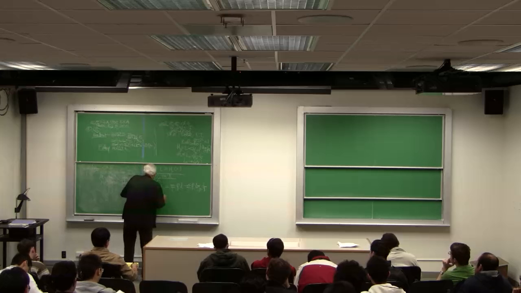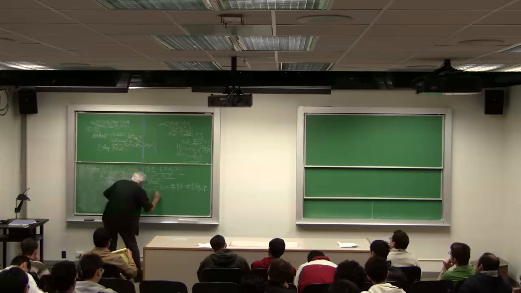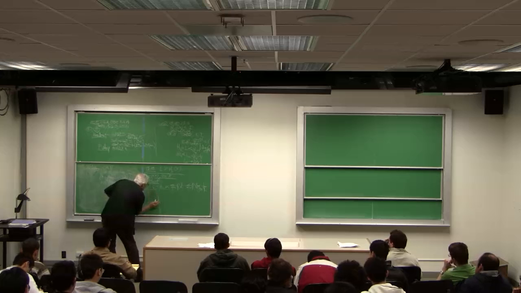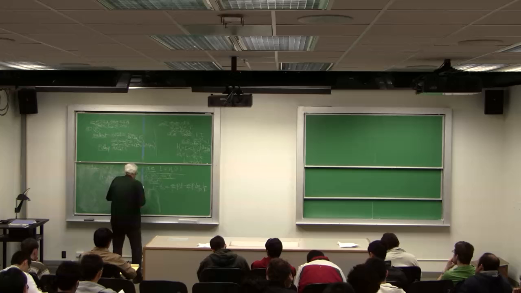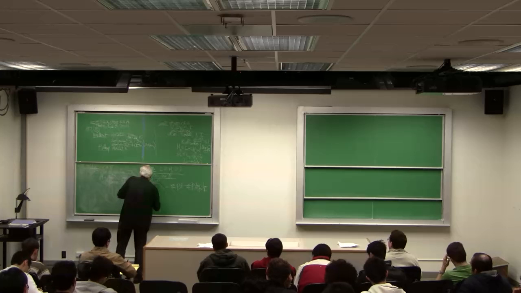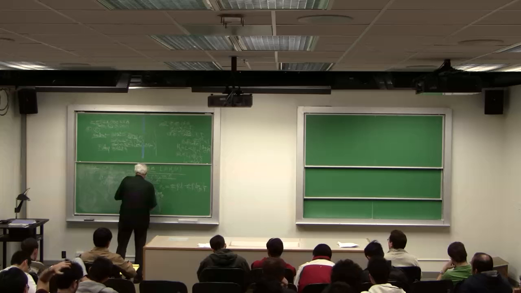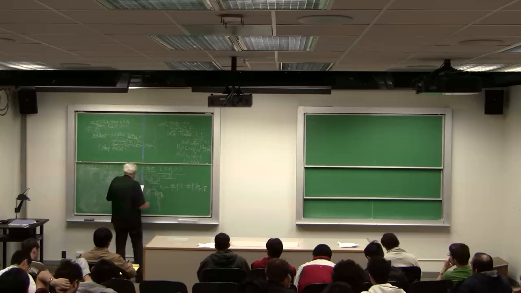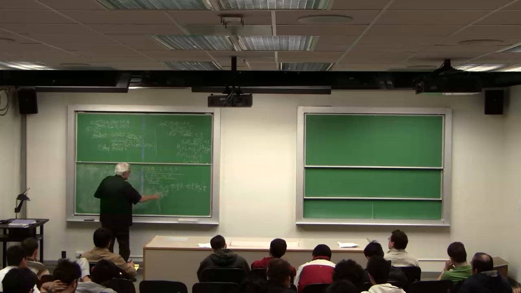Well, I'm going to write l_i equals log to the base D of D to the l_i. That's an identity.